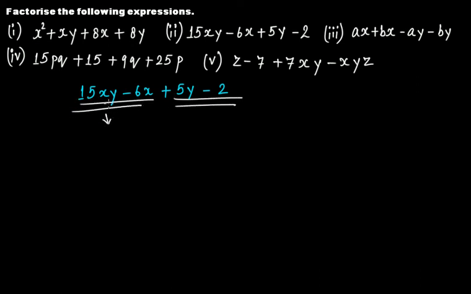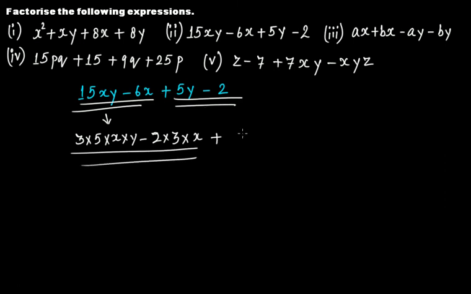So this is actually 3 times 5 times x times y minus 2 times 3 times x, right? This one, and then plus sign, write this as 5y minus 2. Now in this case, this 3 and this 3, and this x and this x.